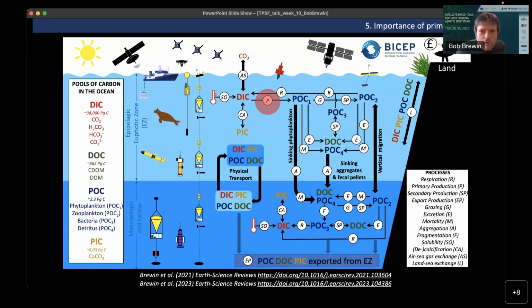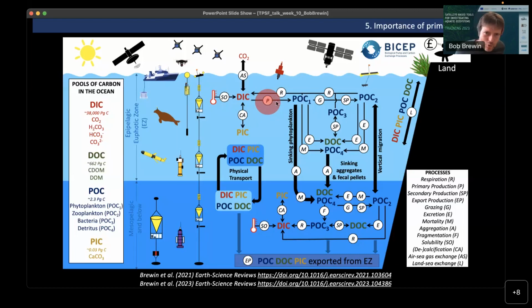It's lying right about here in this process. We have our dissolved inorganic carbon, which is being converted into particulate organic carbon through the process of photosynthesis. So this is kind of like our gross primary production. And then you would minus the respiration just by phytoplankton here in order to get your net primary production.